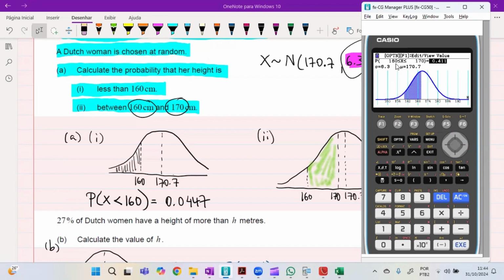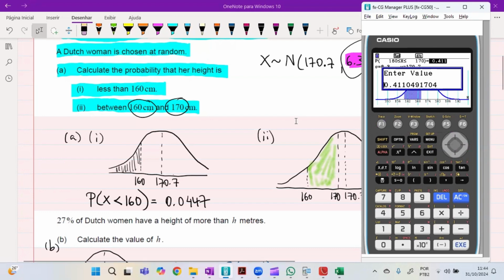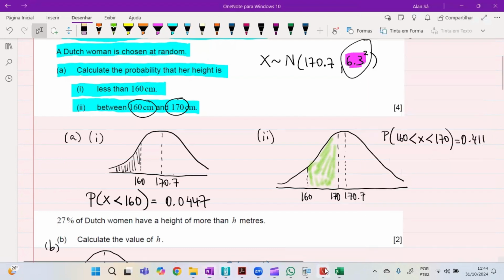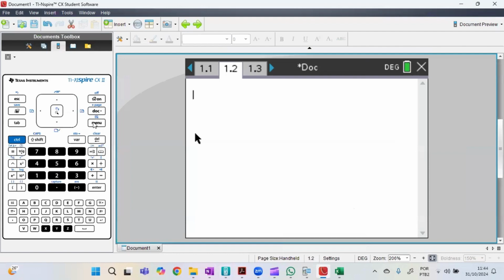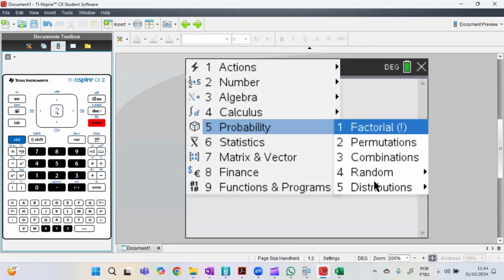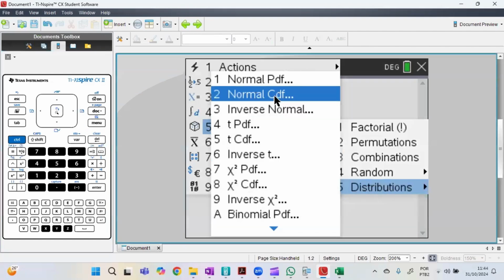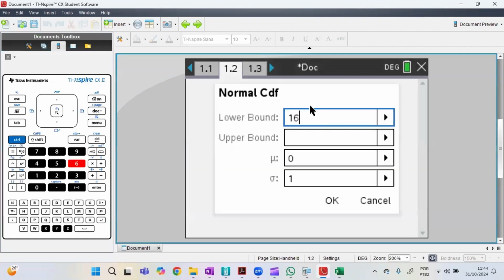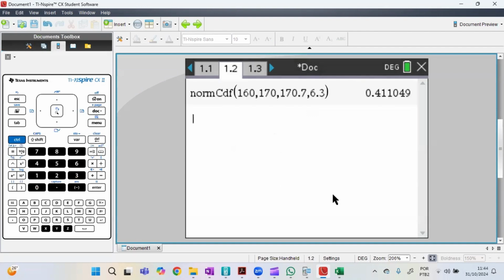Then we can go to option and then F1, and we see all the figures. So the same value. In the Nspire calculator, we would go to menu, probability, distributions, normal cumulative, and put 160, 170, a mean of 170.7, and standard deviation 6.3. And then we would get the same result.